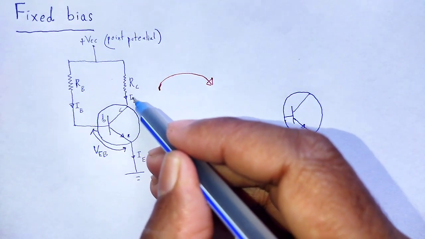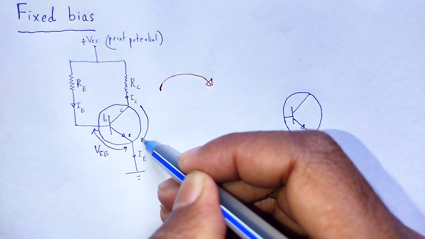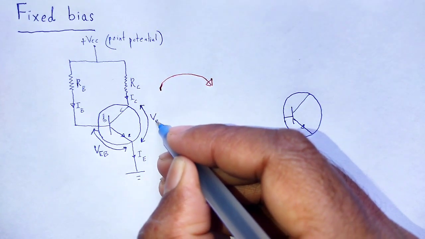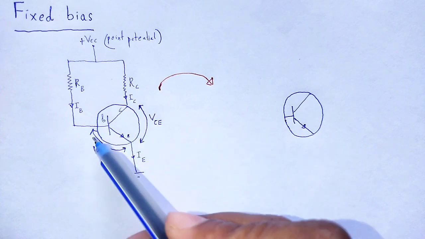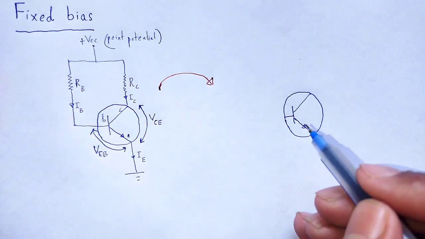In the collector and emitter, the potential common emitter, that end is positive, this end is negative.